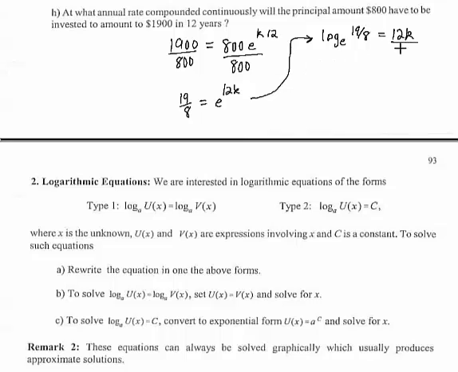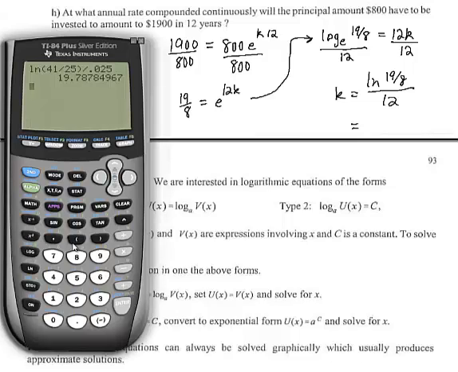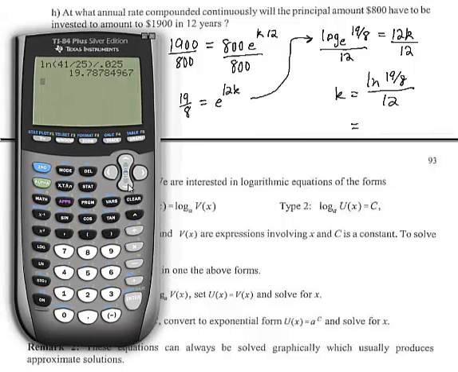So to solve for our interest rate, we divide by 12. So k equals ln of 19 over 8 divided by 12. So what does our rate have to be? We're going to approximate it.